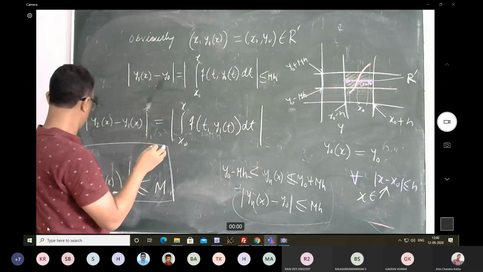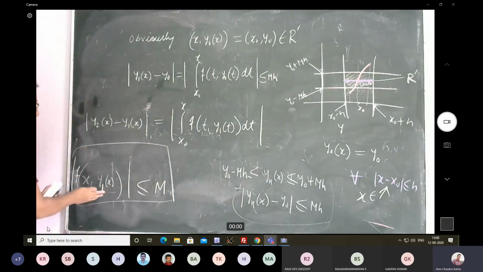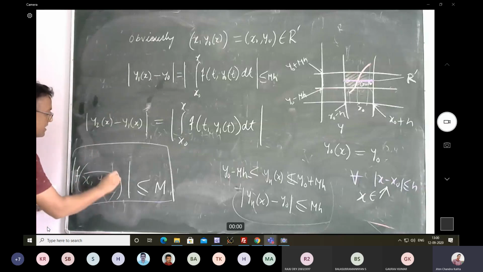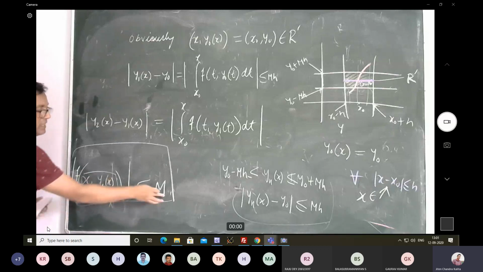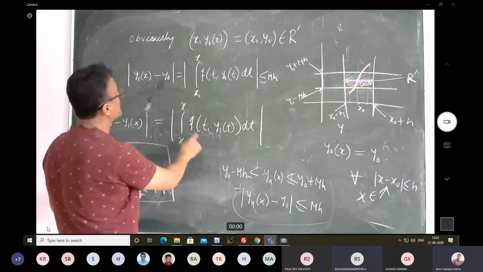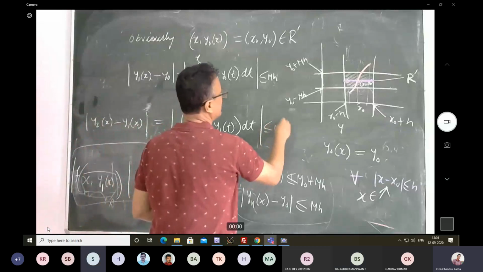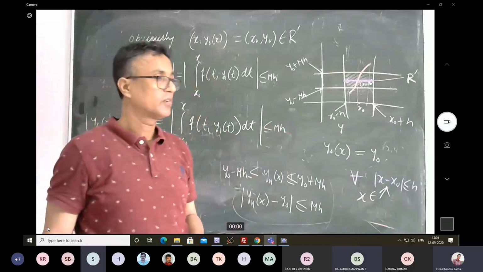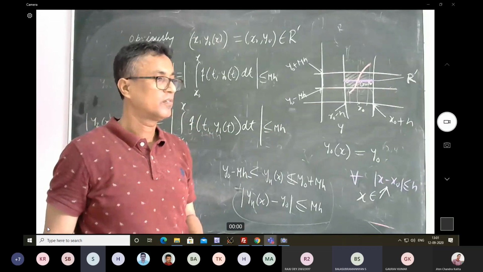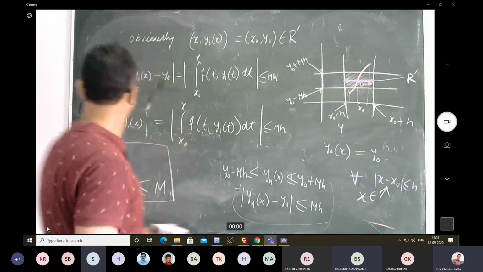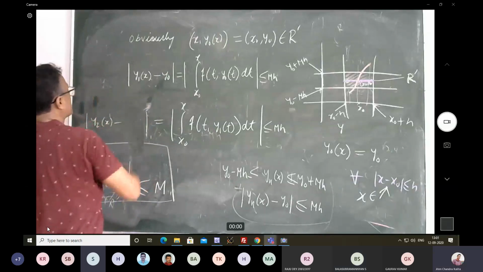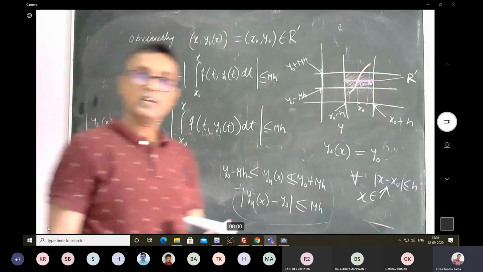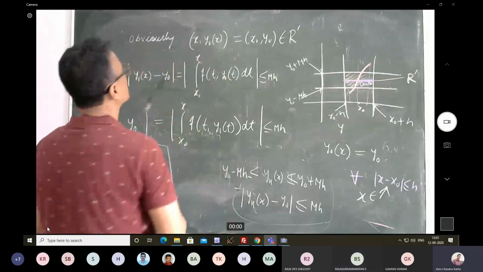Now, from the previous step I have found that this very point belongs to R prime, right? So this relation is going to be valid, and from here again I am going to get m times h. That is why it is mod y2 minus y1, sorry, y2 minus y naught.